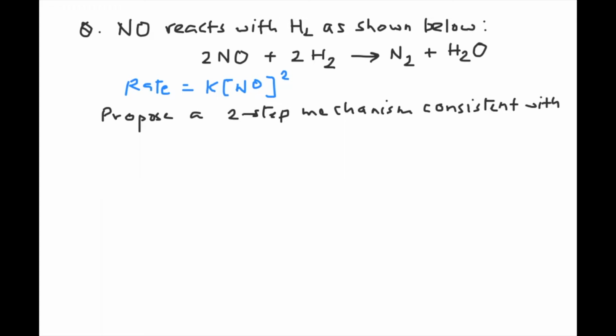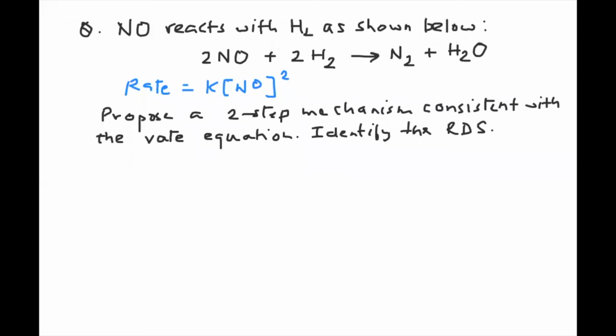Okay, let's come to our next problem where we have been given an equation of NO reacting with H2 and we have to propose a two-step mechanism for this reaction that is consistent with the rate equation and identify the rate determining step.